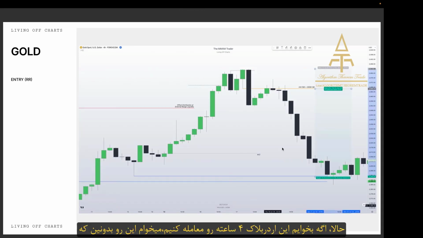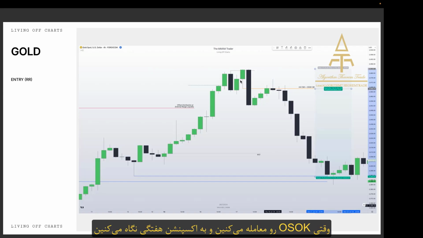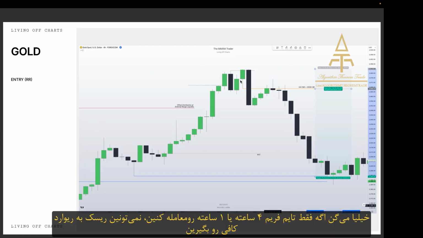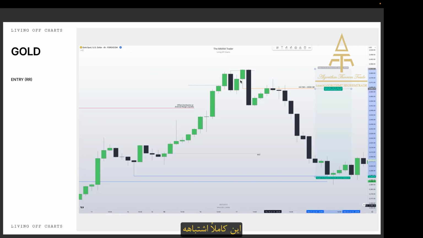Now, if we were to trade this 4-hour OB, and this is what I want you guys to realize, when you're trading the one shot, one kill, the expansion of the weekly, you can use this to scalp. You can just use this for bias of the upcoming week, or you could use this for an entry and trade the weekly expansion. Most people will tell you that you won't get enough RR if you just trade the H4 or H1. That's complete nonsense.